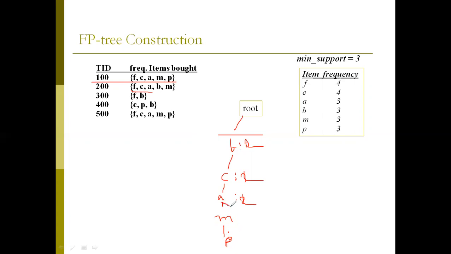So split at A: A has a right child, that is B. From B to M. How many times was B visited here? Only one time. M is also visited only one time. So you need to write colon 1 for each. Like this, you need to create the branches for the FP tree based on these item sets.